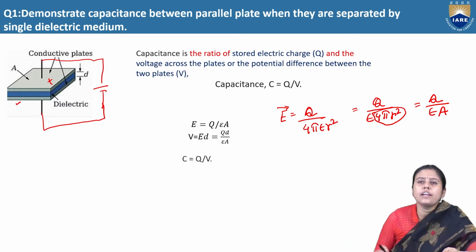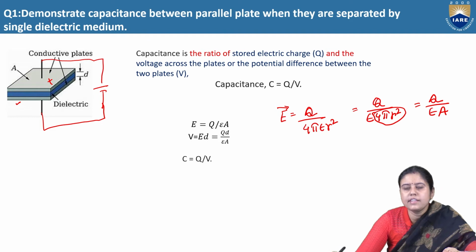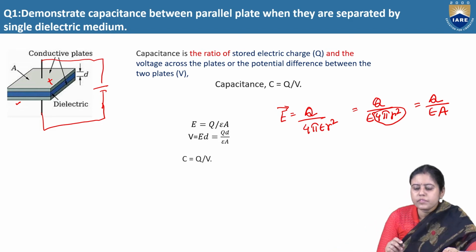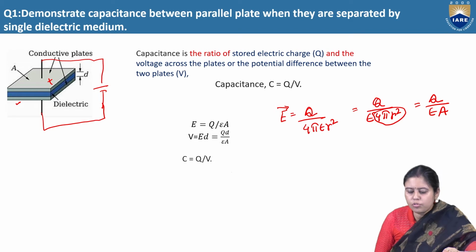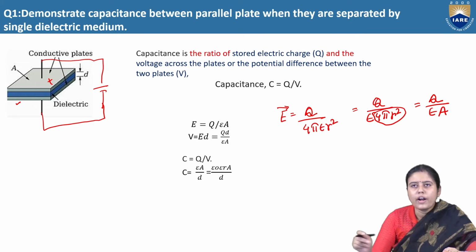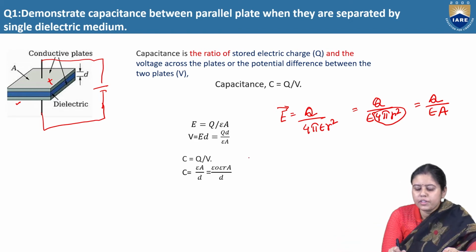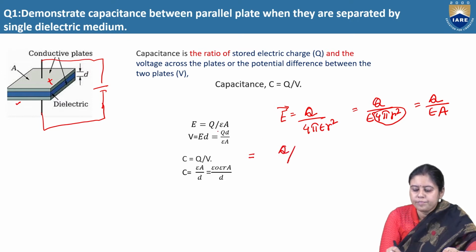Now, according to the definition of capacitance, C equals Q by V. So, if we put the value of V, we will write Q by QD by epsilon A. So, we will get epsilon A by D.